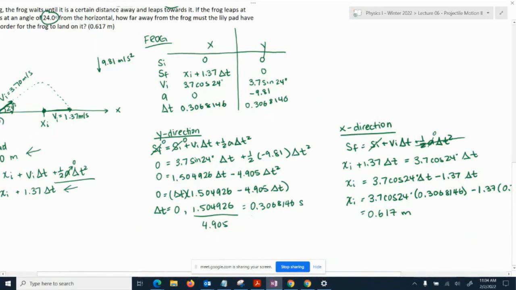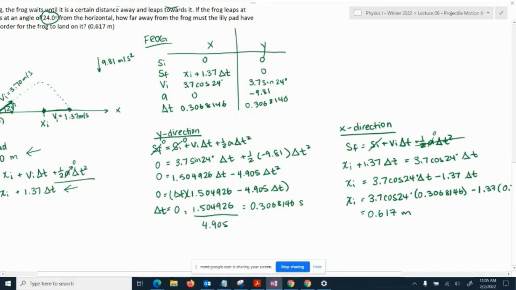The question might say, at the top of the test in the instructions, round everything to 2 decimal places or to the nearest hundredth, unless otherwise stated in the question. So you'd write 0.62 meters, or it might specifically tell you to leave your answer to 3 decimal places. It just depends on the question.